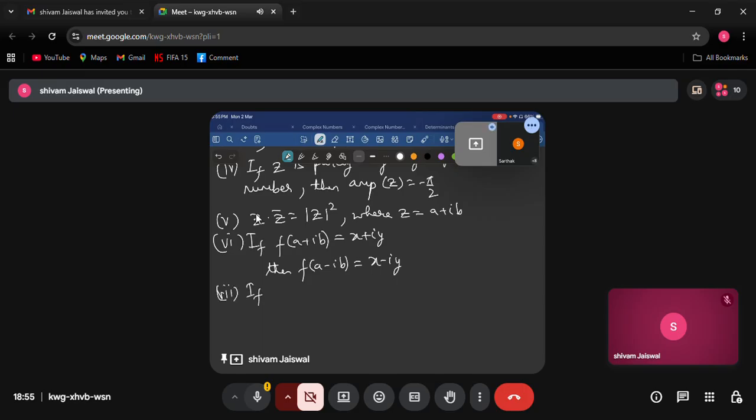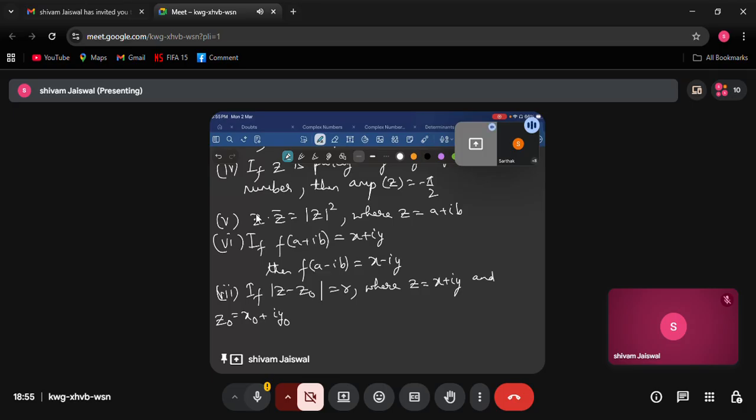If mod of z minus z naught equals to r, where z is equal to x plus iota y, and z naught is equal to x naught plus iota y naught.